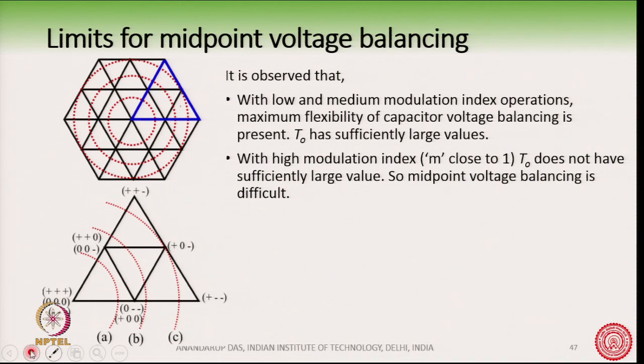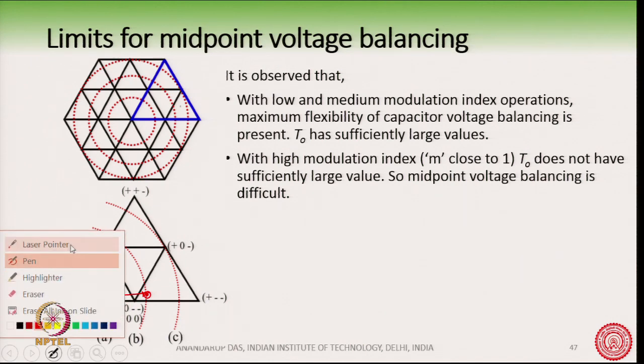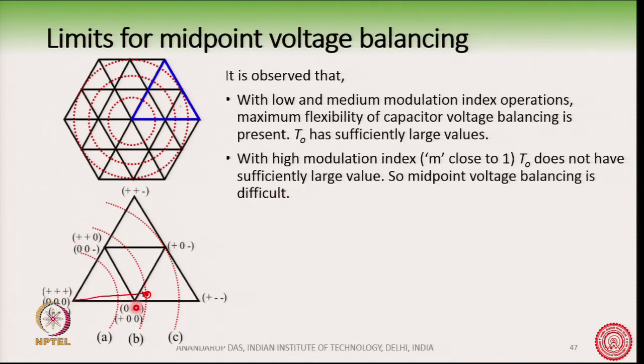And this will be happening when the reference vector is close to this vector. Suppose the reference vector is here, then it is very close to this vector, so the T 0 time duration for this vector will be very large, and there we have the chance to play around with the delta t.